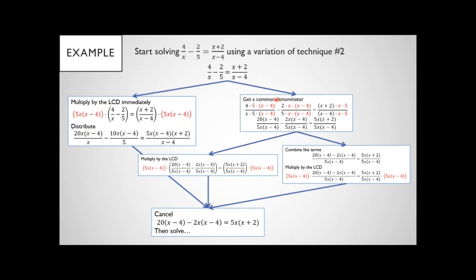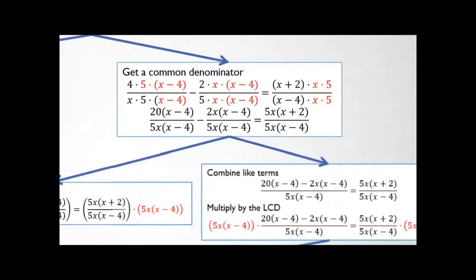The second method is you're still trying to get a common denominator, but you're building that common denominator up first. This is similar to what we did, but we did it basically on one side. This would be getting a common denominator for everything. We did it with just the x and the 5. Here it's using both sides. I'm going to zoom in again so that you can see that.